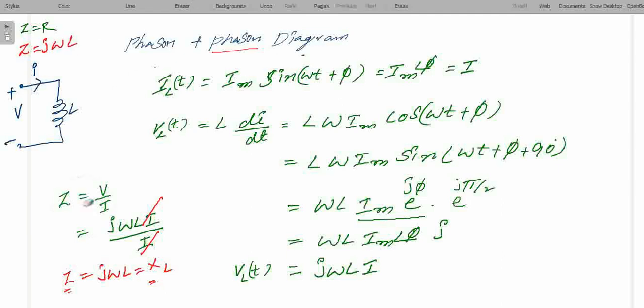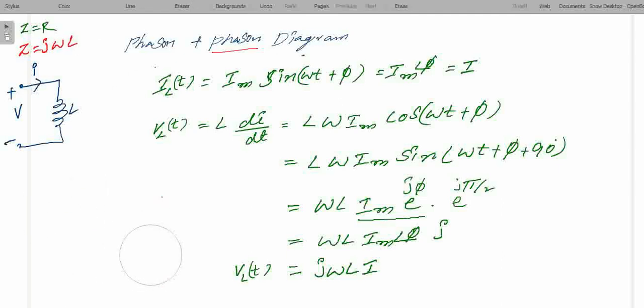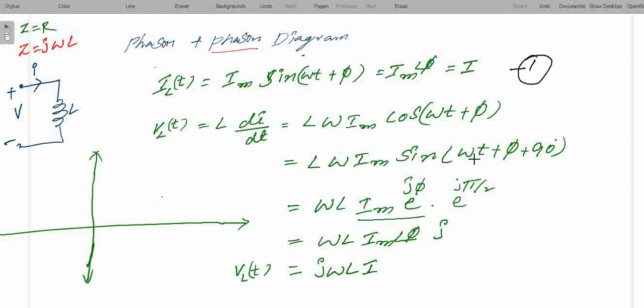Now let us draw the phasor diagram. Let us consider this first equation, and this is the second equation, for VL of t.